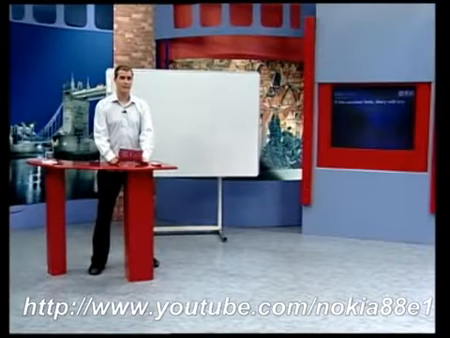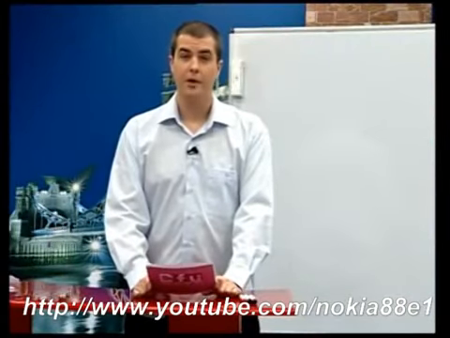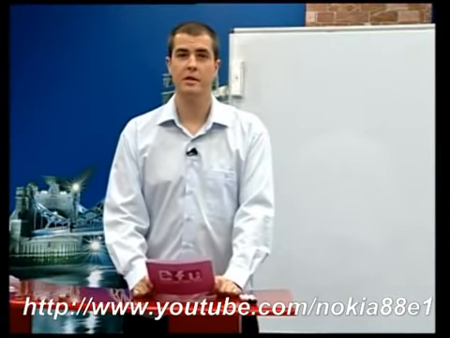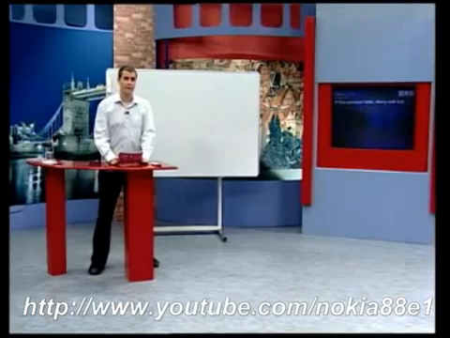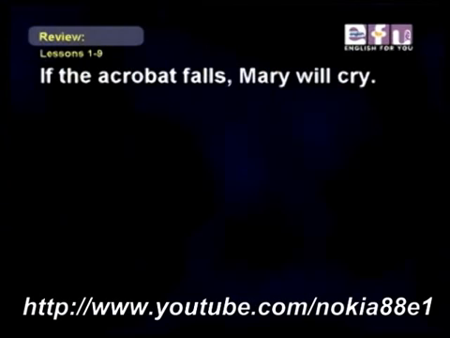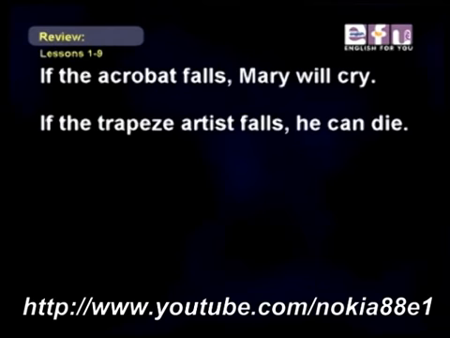And now it's time to review conditional sentences. There are 3 types of conditional sentences, and each one has an if clause and a main clause. Let's look at the first conditional. If the acrobat falls, Mary will cry. If the trapeze artist falls, he can die.